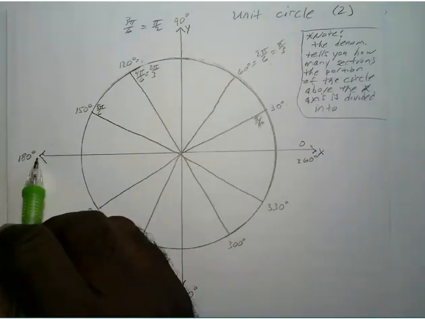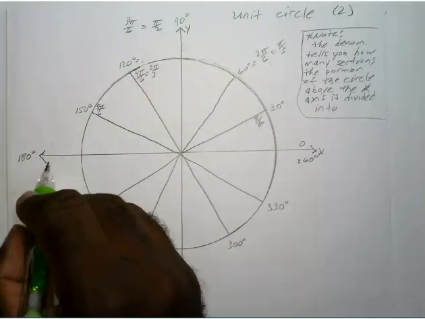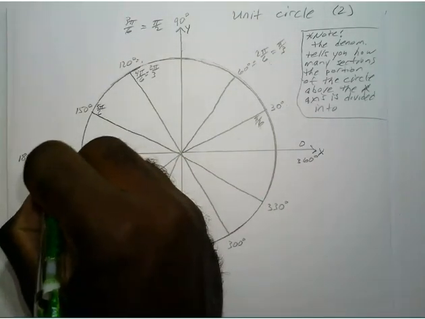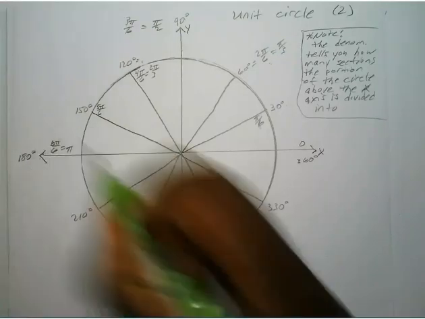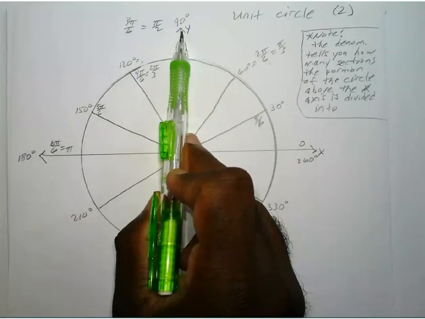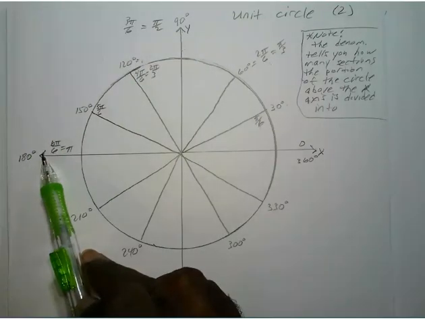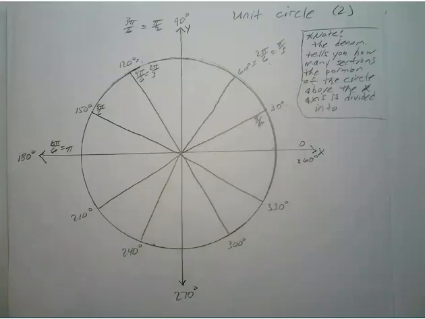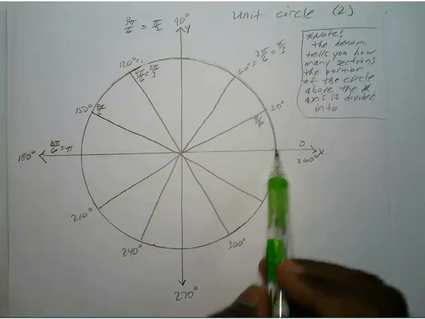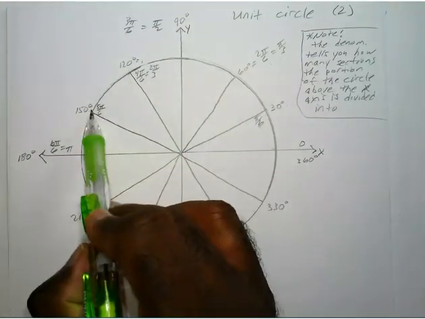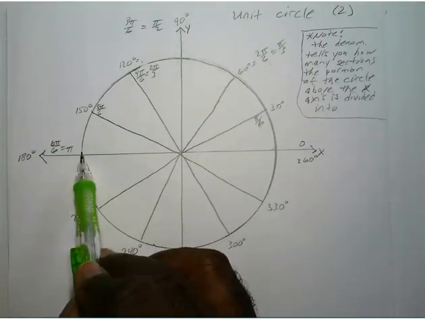Then you have 6 pi over 6, and this is the key, because once you hit 6 pi over 6, that's just pi. Remember, this is always going to be pi over 2, and this is always going to be pi when you start at your initial point. So we have 1 pi over 6, 2 pi over 6, 3 pi over 6, 4 pi over 6, 5 pi over 6, 6 pi over 6.